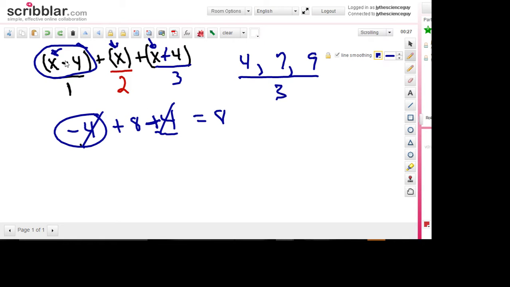So even though I have letters up here, the same rule applies. This number and that number are opposites of one another, right?